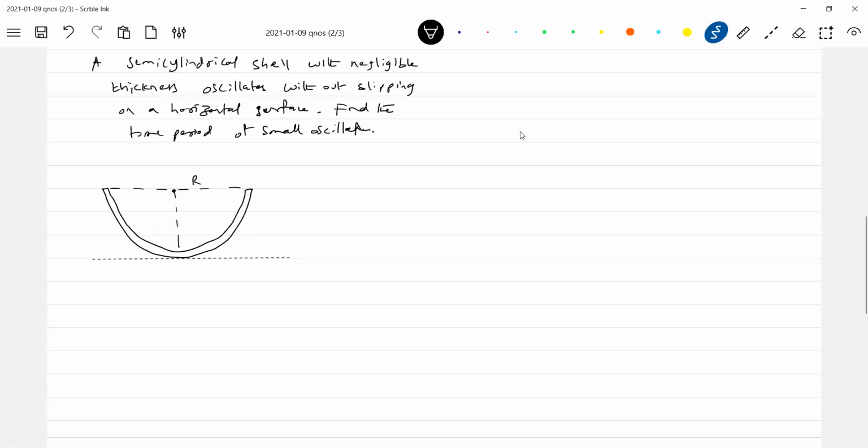Let R be the radius of it and M be the mass. So actually, if you see, it's a semi-cylindrical shell. So how does it appear?